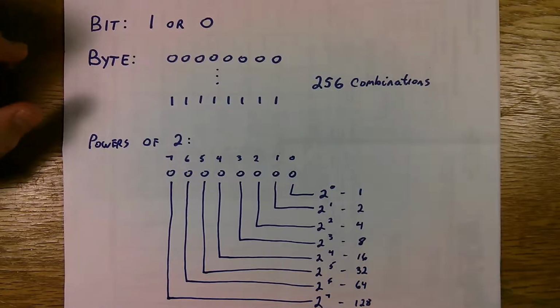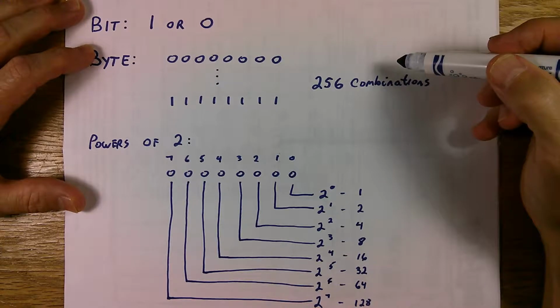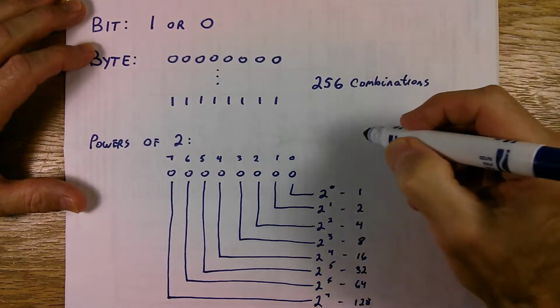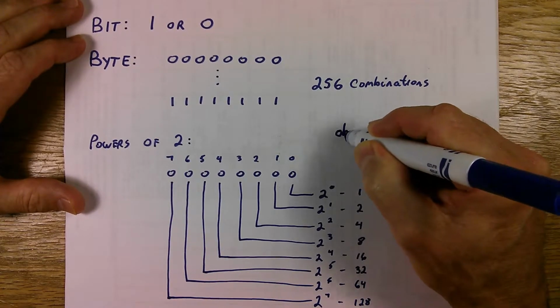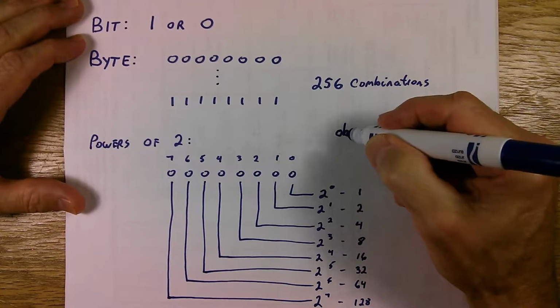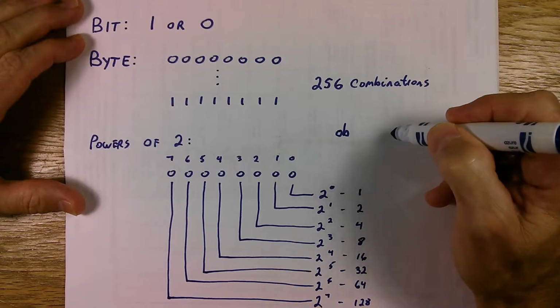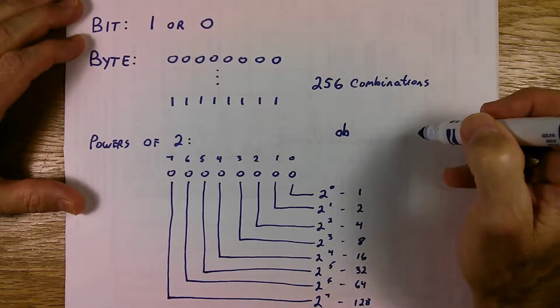Now, if I was going to write down a binary number in the notation that the compiler understands, you start off with a 0b, and the b can be upper or lowercase, it doesn't matter. And then write down what bits you want, the total number of bits that you want to put in there.